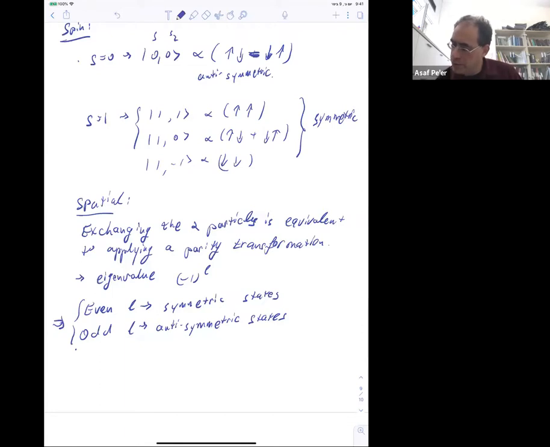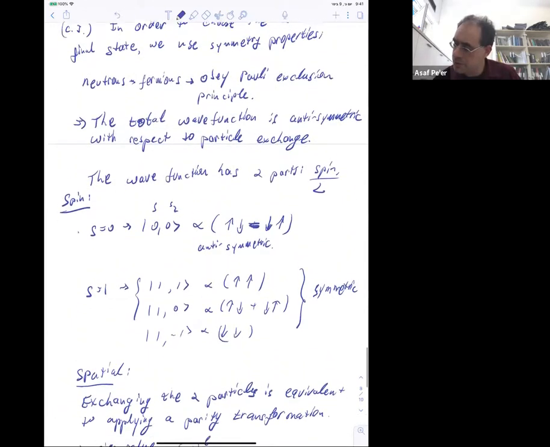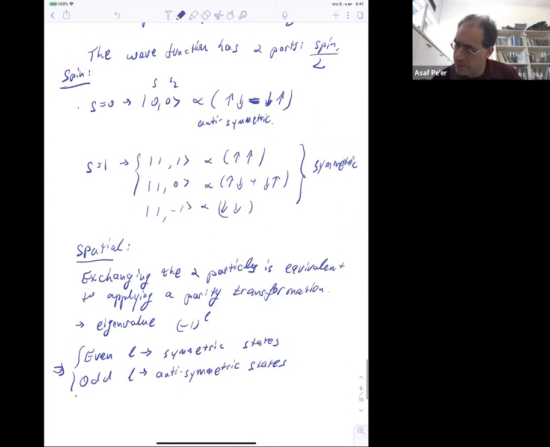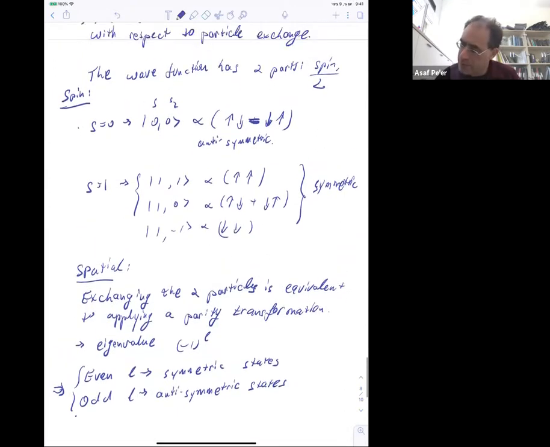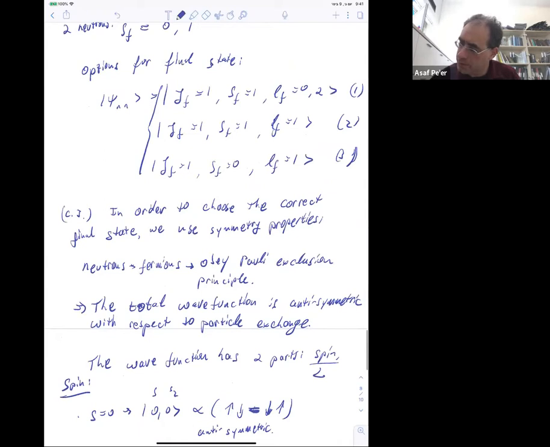So now we can merge these together. Let's look at the spin state and the spatial state, the three options I have here.